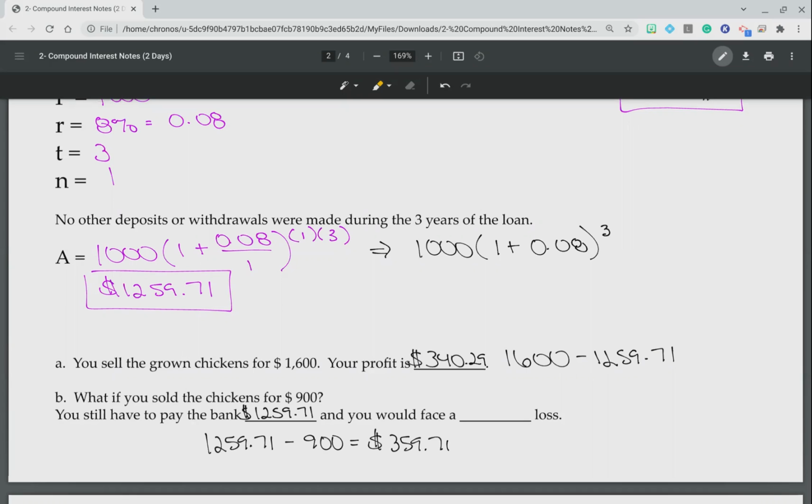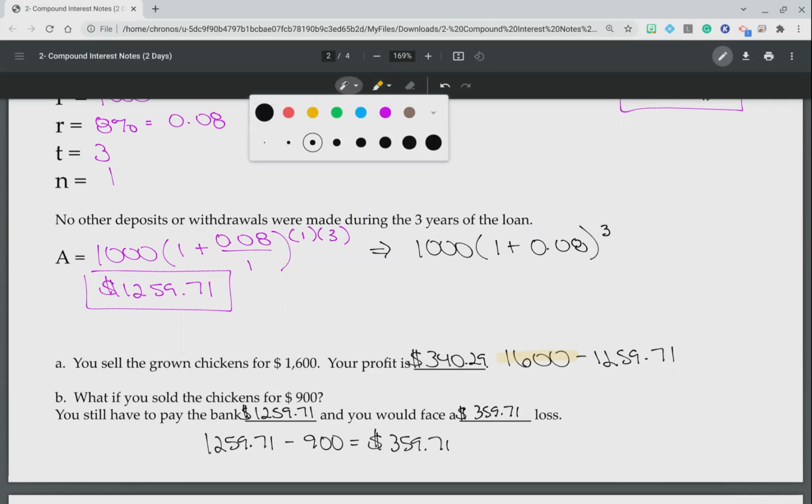So basically, if you only sell the chickens for $900, then your company is actually losing money each month, and you're losing $359.71 per month. All right, so that's why it's important that you're selling the chickens for enough money to make a profit, or else you're probably going to go out of business, okay? Like in the second example, when you're only selling them for $600.